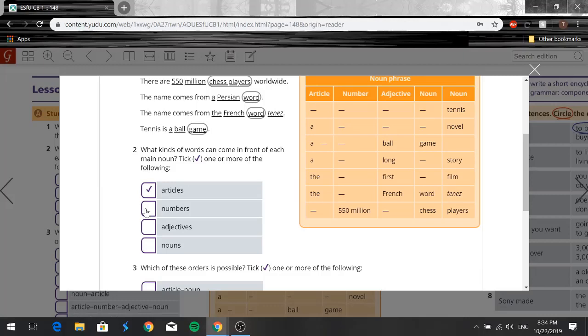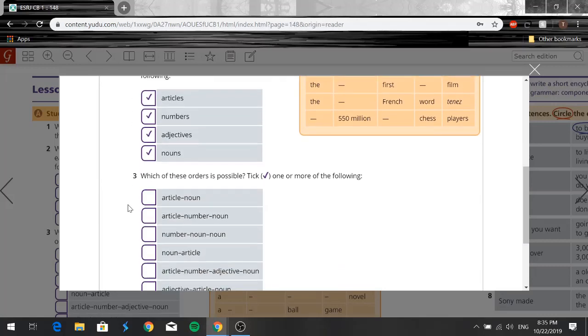Numbers can also be included, right? Adjectives as well, right? As you can see here, so long, short, first, French, well, all of these are examples of adjectives, right? And another or other nouns as well, right? It's not going to be the main noun, but it is going to be a noun. So you can even have two nouns in the same sentence.